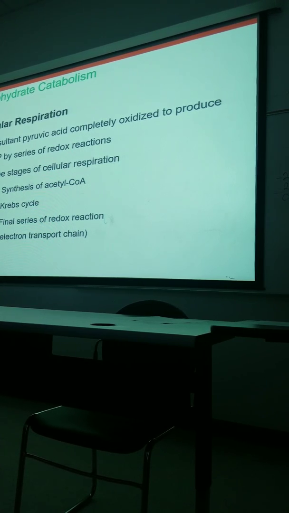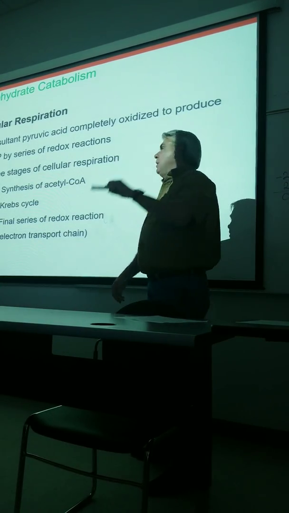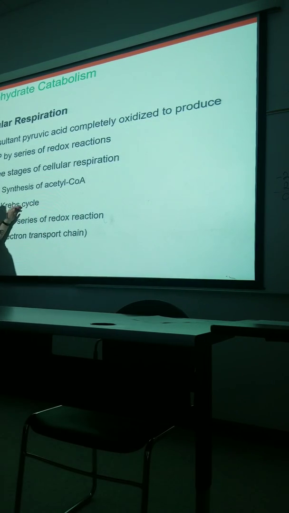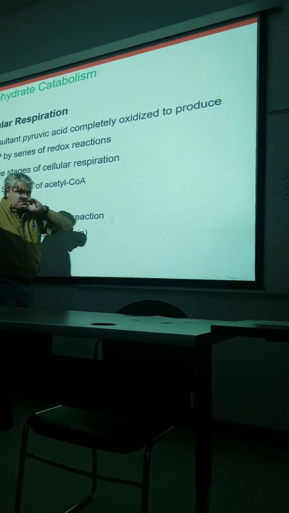We want to go to the Krebs cycle, right? But can you put pyruvic acid right into the Krebs cycle? No. You have to break it down, you've got to change it. So it's either pyruvate processing, synthesis of acetyl-CoA, however you want to call it. But right here, the resultant pyruvic acid is completely oxidized to produce ATP by a series of redox reactions. So remember that.